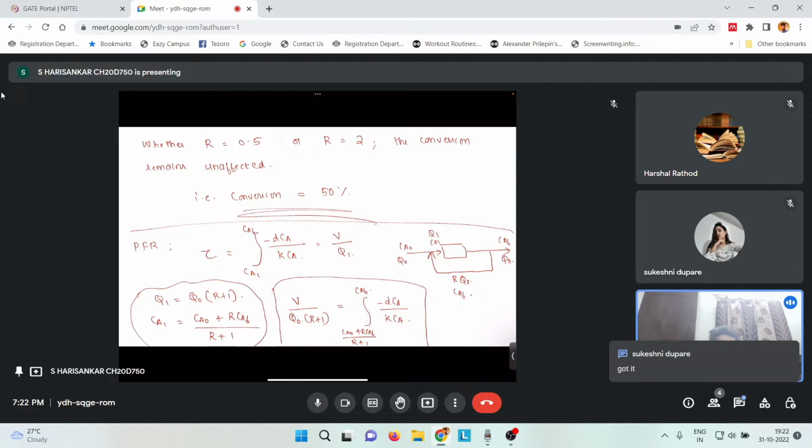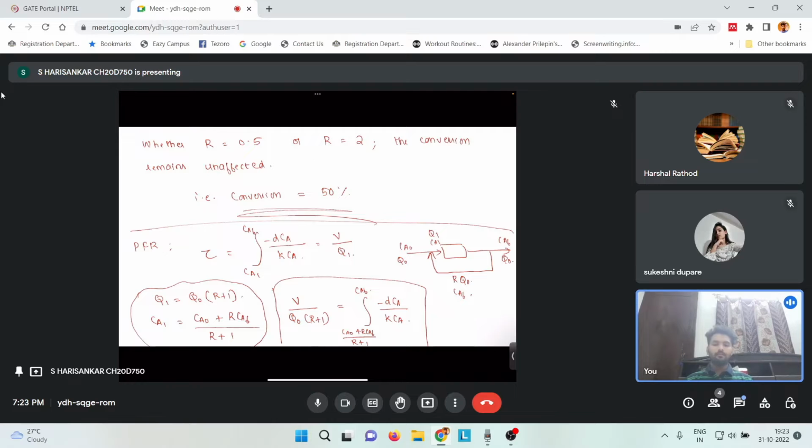Okay. So now the difference for PFR is that you have to integrate this integral dCA by kCA, and when you apply the limits, if you know the value of CA1, you can apply it and do the integration. If you don't know the value of CA1, you have to find it using this equation, CA0 plus RCAF by R plus 1, and then you do the integration.